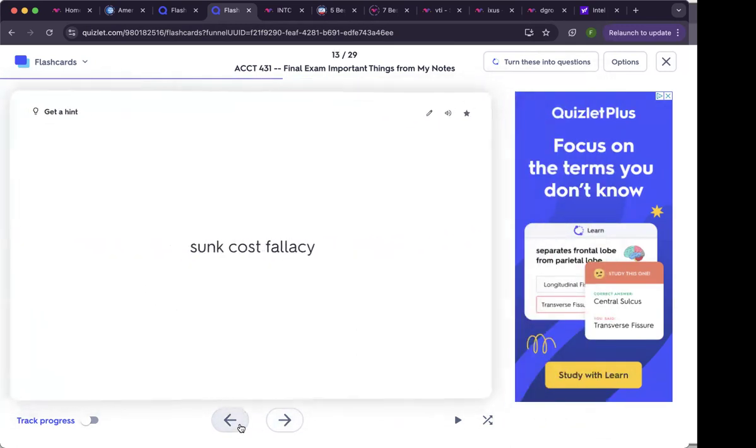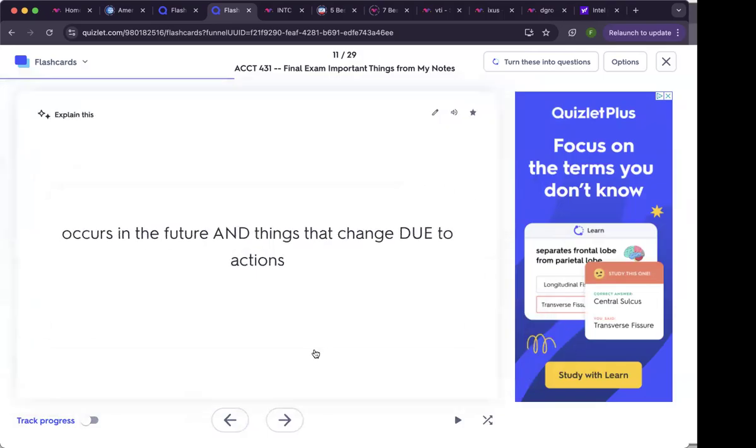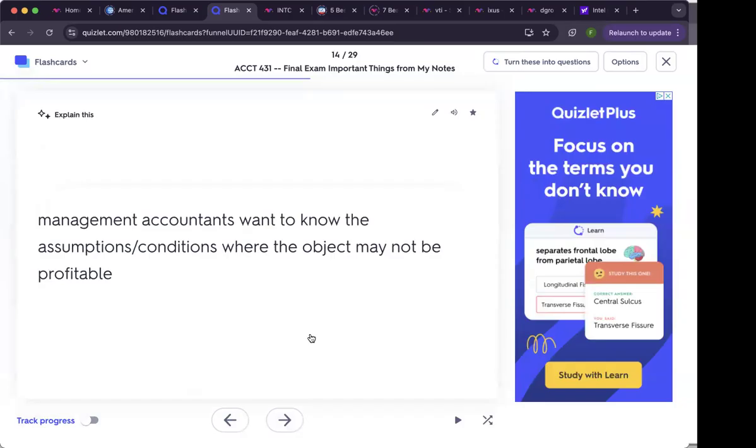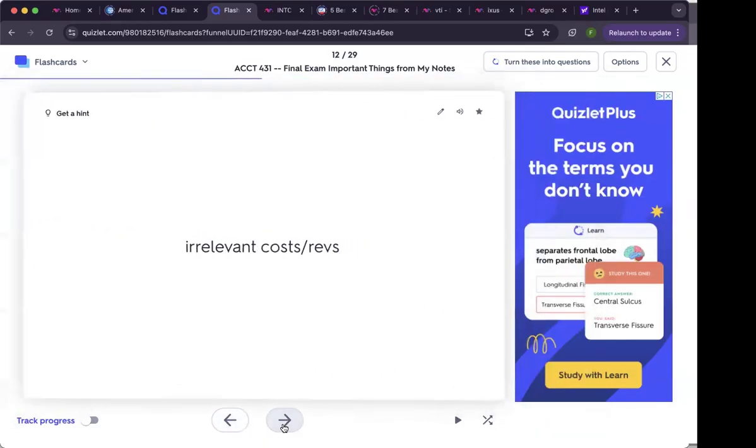And we just went through how these profits and costs are relevant because they are changeable and in the future. So the sensitivity analysis is where management accountants want to know the assumptions or conditions where the object may not be profitable. So that's digging a little deeper into the differential analysis.